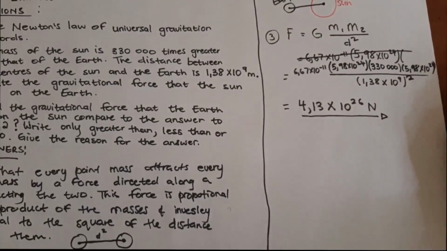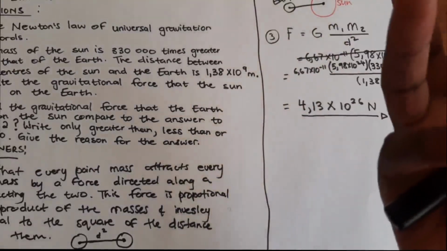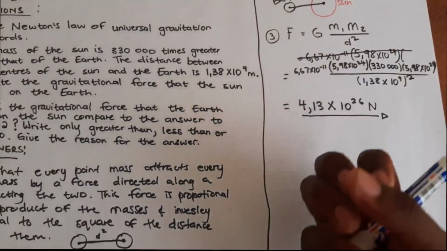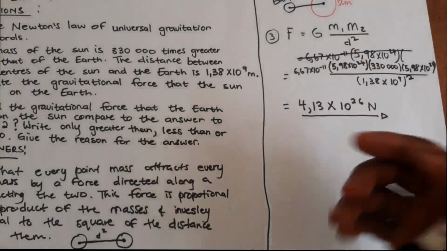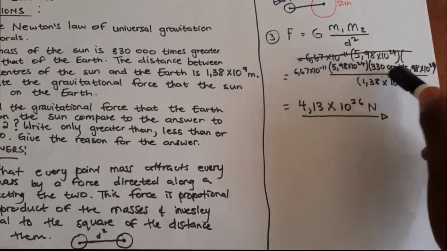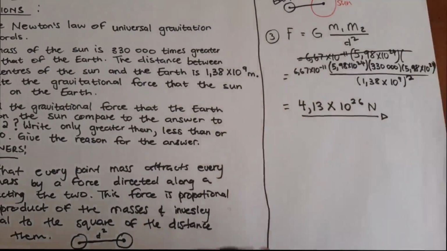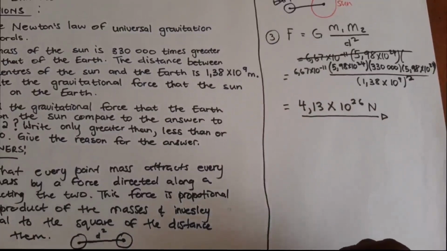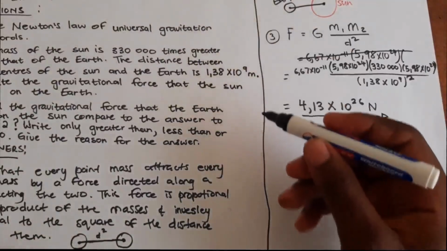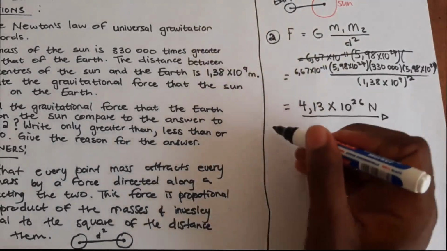Let me repeat, the mass of the sun is 330,000 times the mass of the earth. So that's why I multiply the mass of the earth by 330,000. That was number 2. Sorry, I'm tired right now.